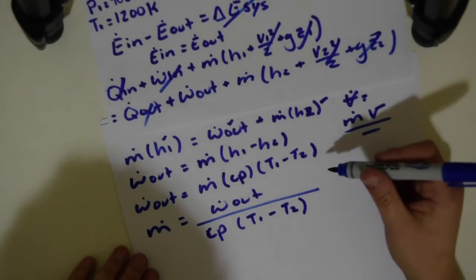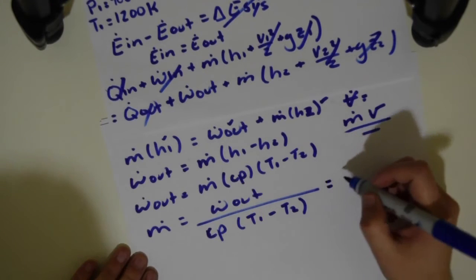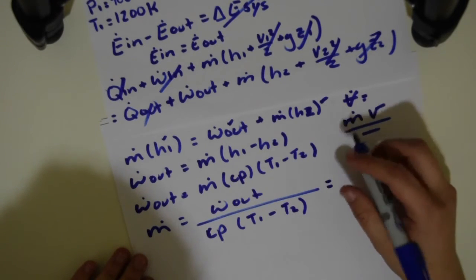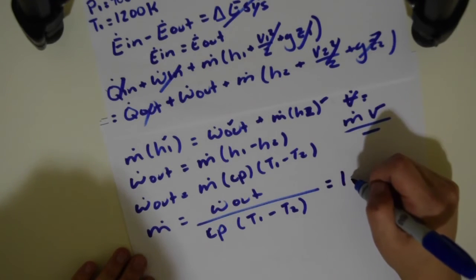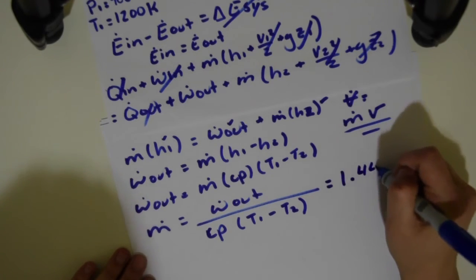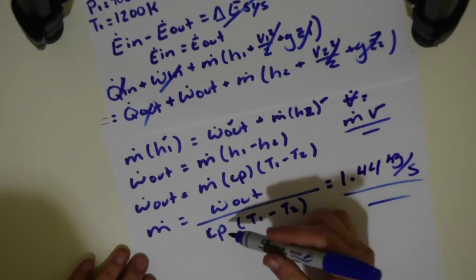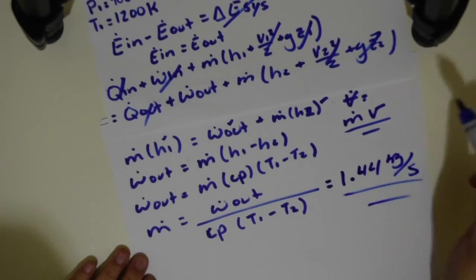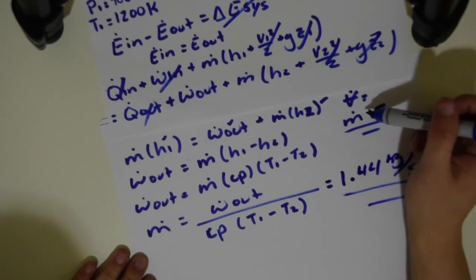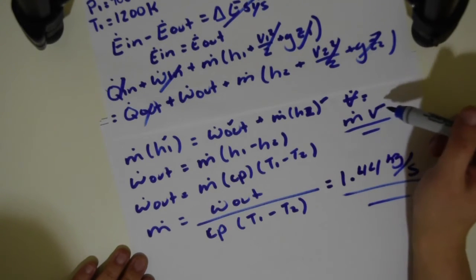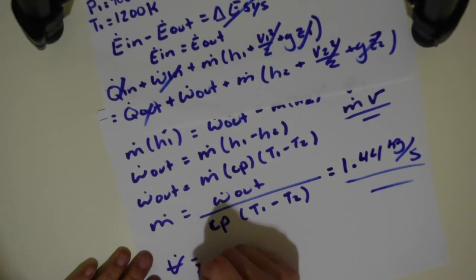In the previous problem, I already supplied all these values, and you should get a mass flow rate of about 1.44 kilograms per second, something around there. Knowing this mass flow rate, we just said that volume flow rate we can express as mass flow rate times specific volume.